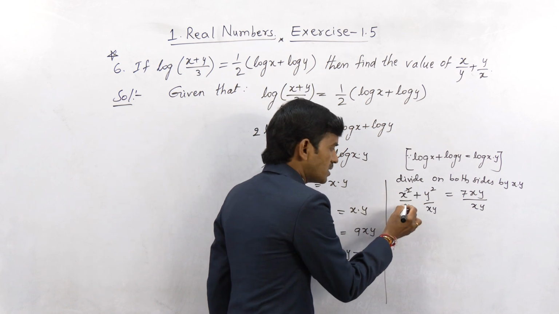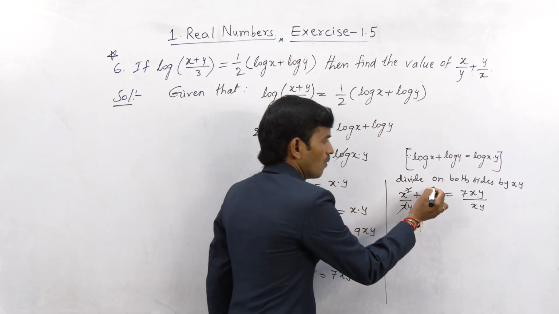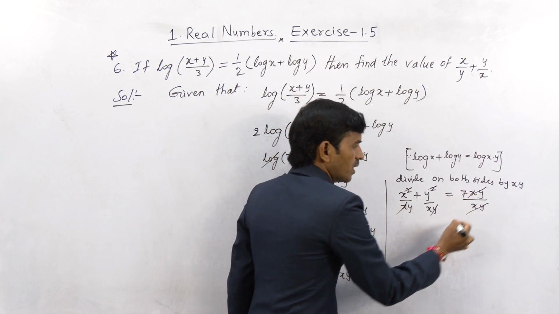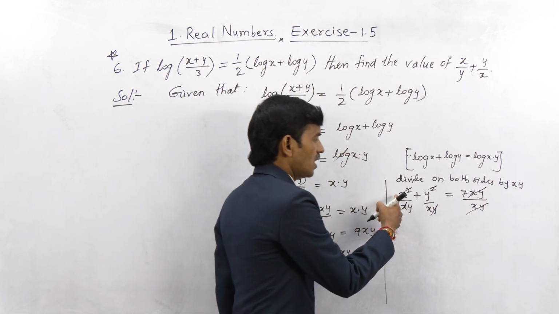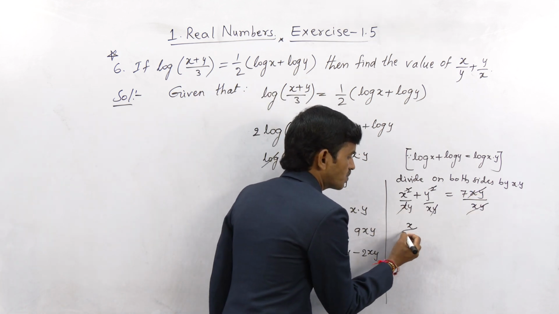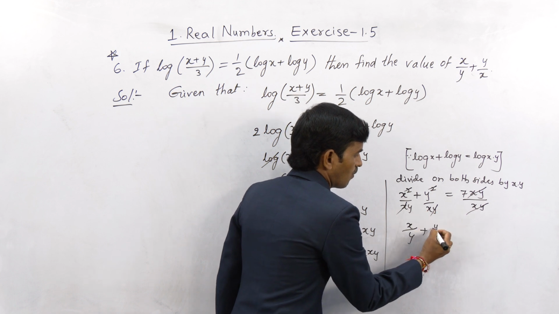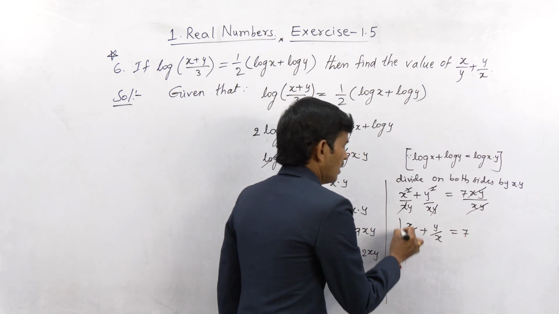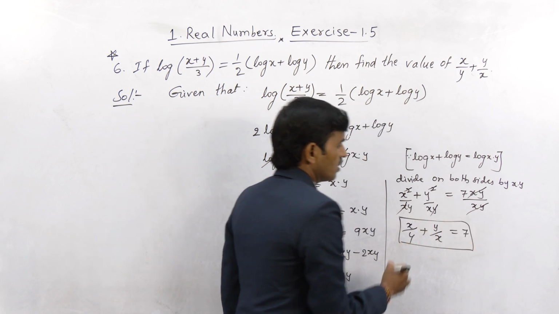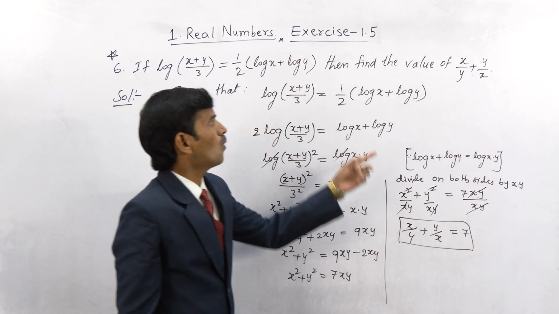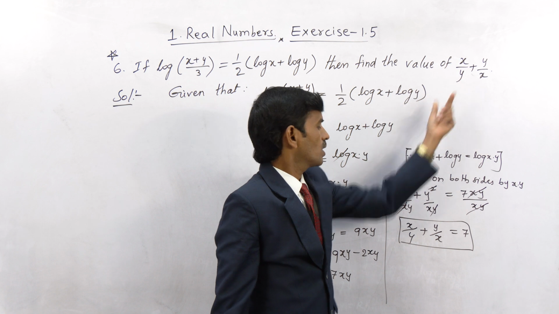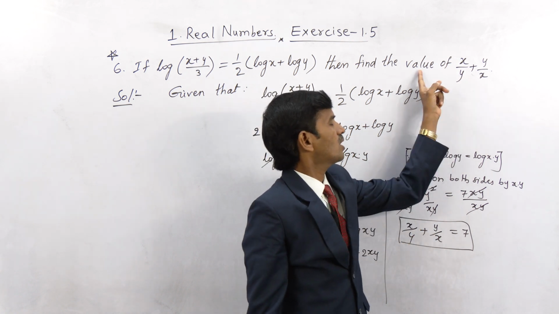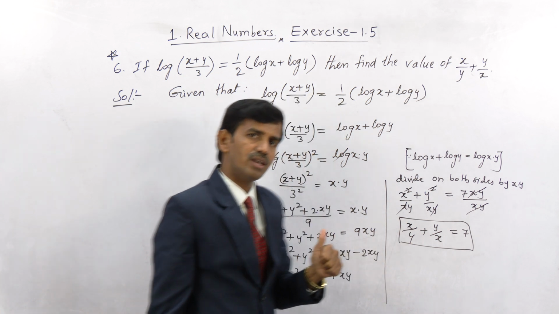Here x square and this x get cancelled, y square and this y get cancelled, xy and xy get cancelled. Then what is left over here? x by y plus y by x is equal to 7. It is the required solution that we needed to prove. So x by y plus y by x is equal to 7.